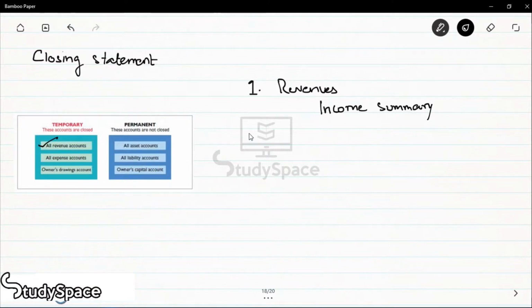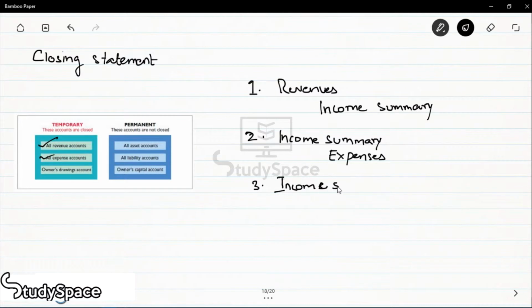Then secondly, we tabulate all our expenses by debiting our income summary and crediting our expenses, thus closing the expense accounts. Thirdly, we take the net income from our income summary account if positive, we debit our income summary and we credit our capital account by that difference.